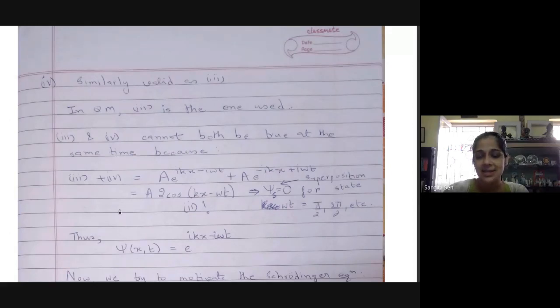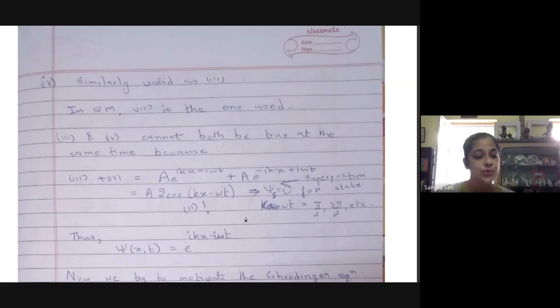The problem is that if both are true at the same time, then a combination thereof will also be true. So this combination will also be a solution for the matter wave. And in that case, again, we get back to the old problem. So if we take a sum of 3 and 4 as a possible solution, then we again get 2 cos kx minus omega t, which means that the superposition state disappears for some values of omega t.